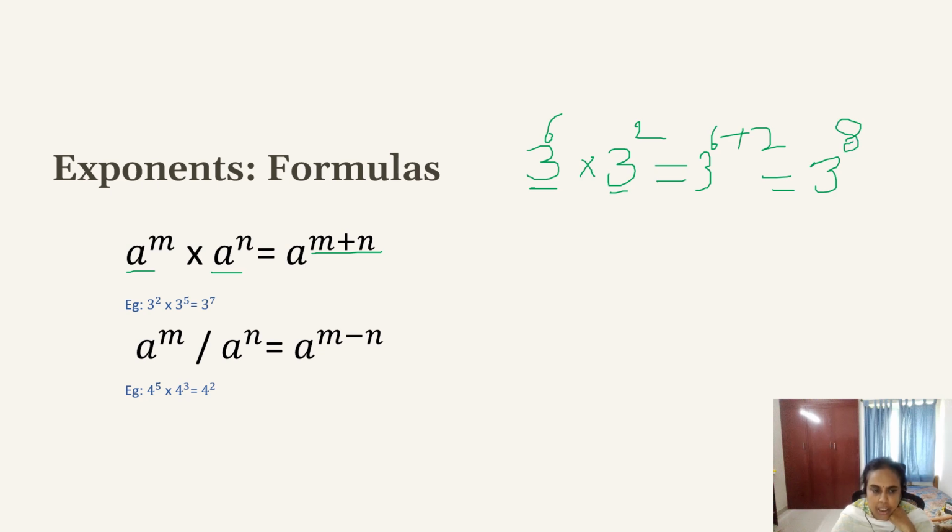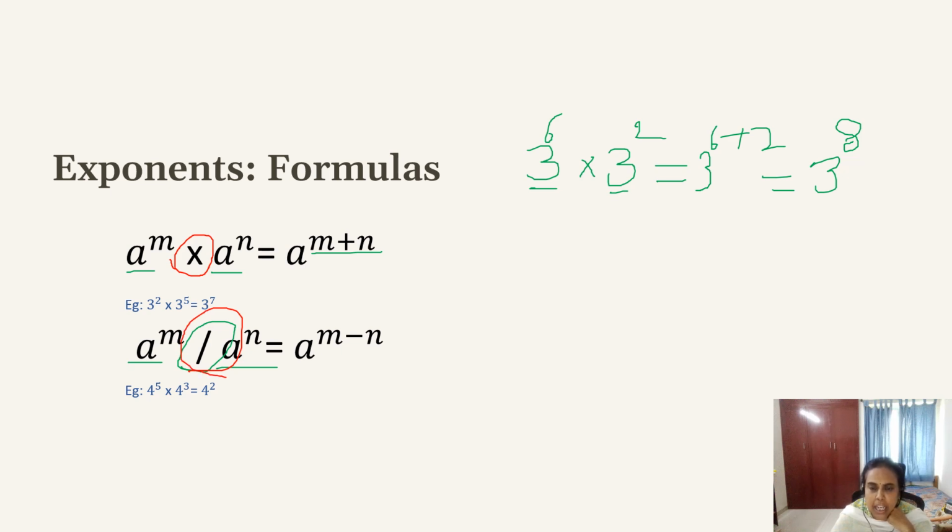Now coming to another one. If the bases are equal, you should check the symbol also. If it is multiplication, then the powers should be added, and if it is division, then the powers should be subtracted.